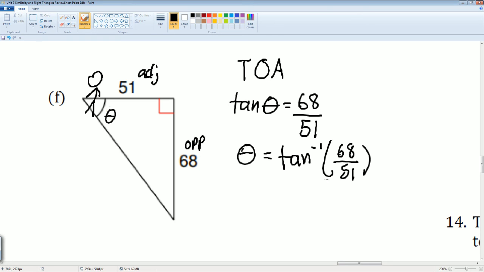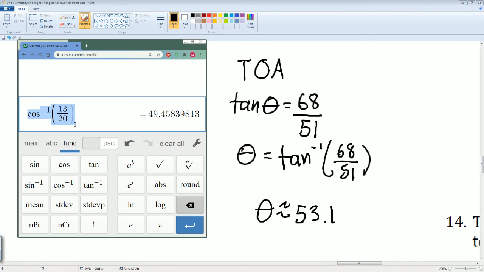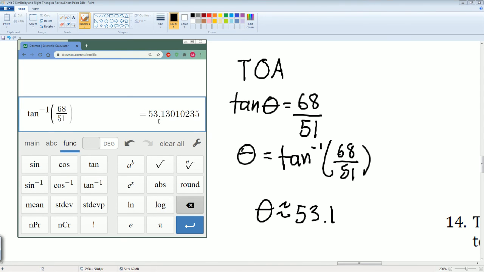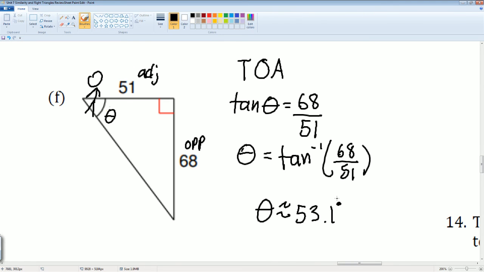Tan inverse 68 divided by 51. Theta is approximately 53.1 degrees. Okay, so there you go.